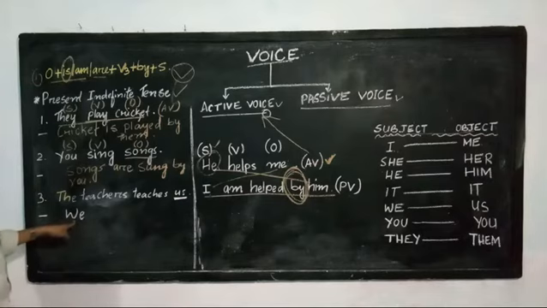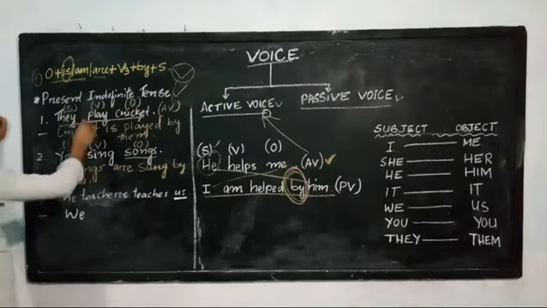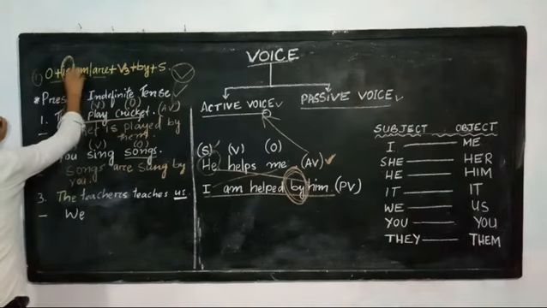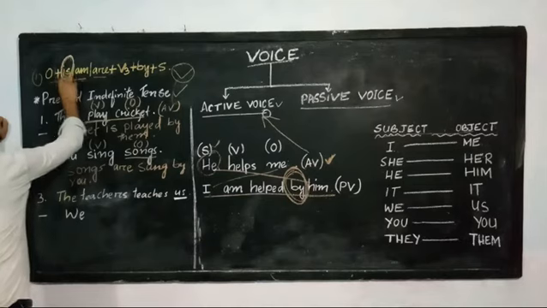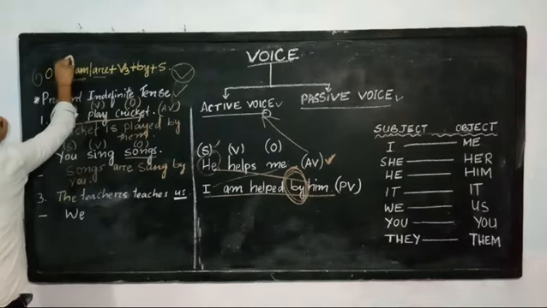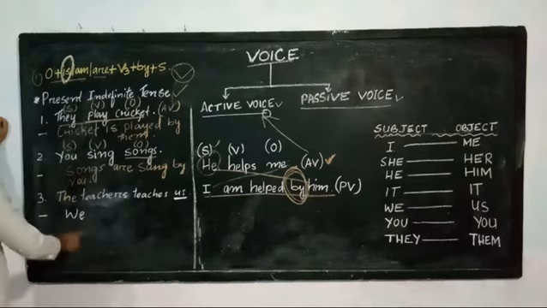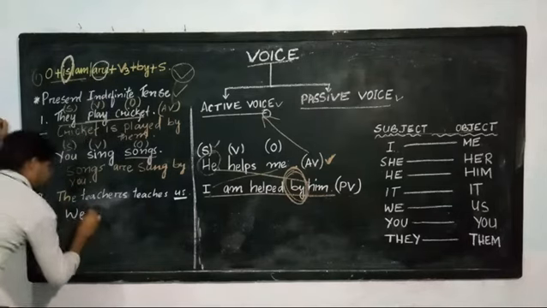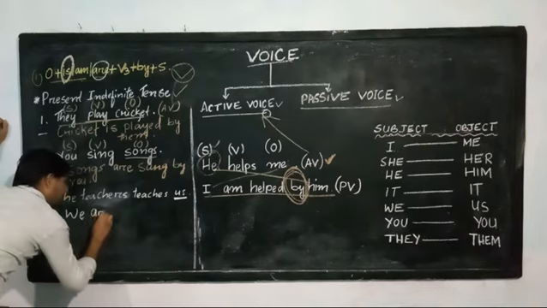This is plural. So is or are? If the subject is singular, then is, am. If the subject is plural, what will we write? Are. Always remember this. We are.